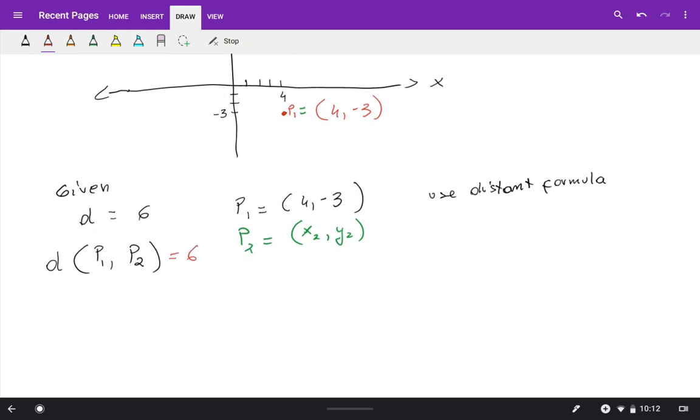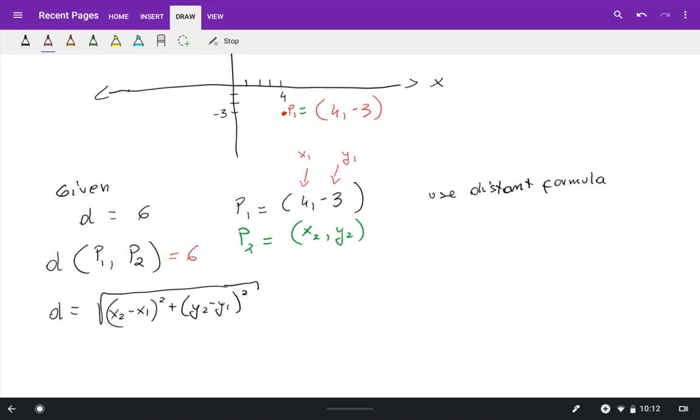So the distance formula: square root of x2 minus x1 squared plus y2 minus y1 squared. The given point P1, 4 will represent x1 and -3 will represent y1 from the distance formula.